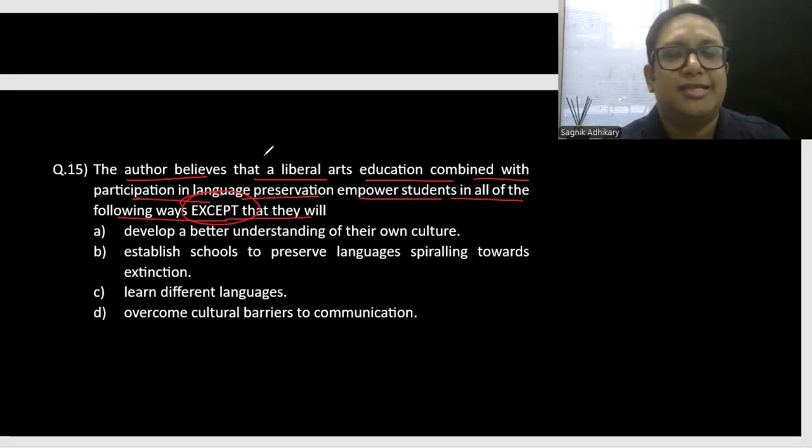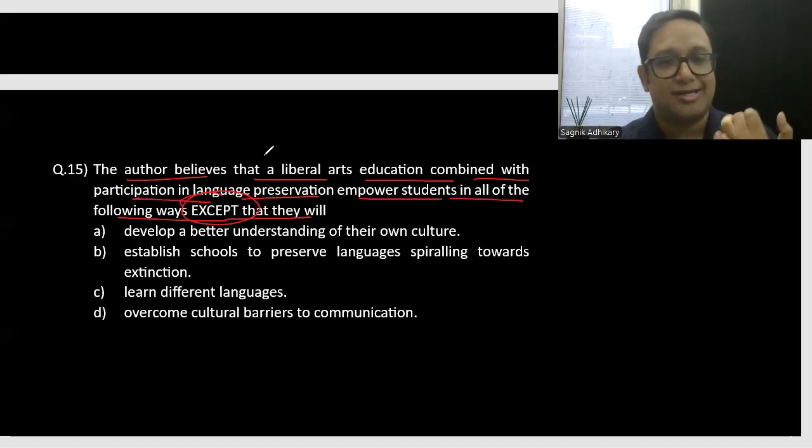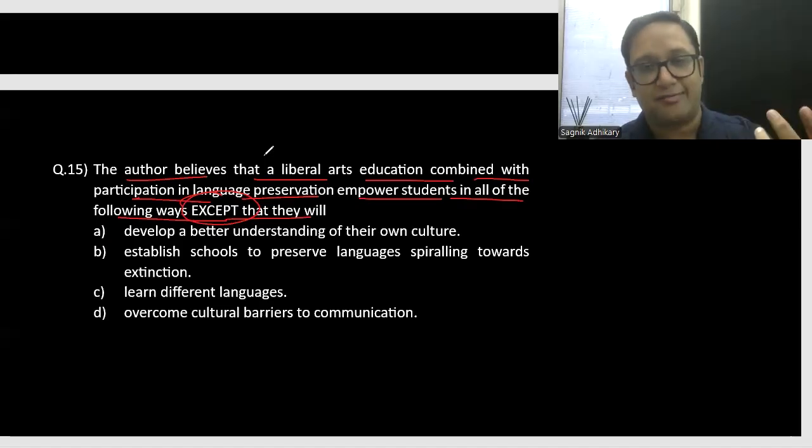But then we see that this is a reference to the second last paragraph. The second last paragraph says, when students get educated in languages, they are able to emulate that language better and understand it better. They are able to incorporate the culture of speakers of those languages into their own culture and cultural biases.